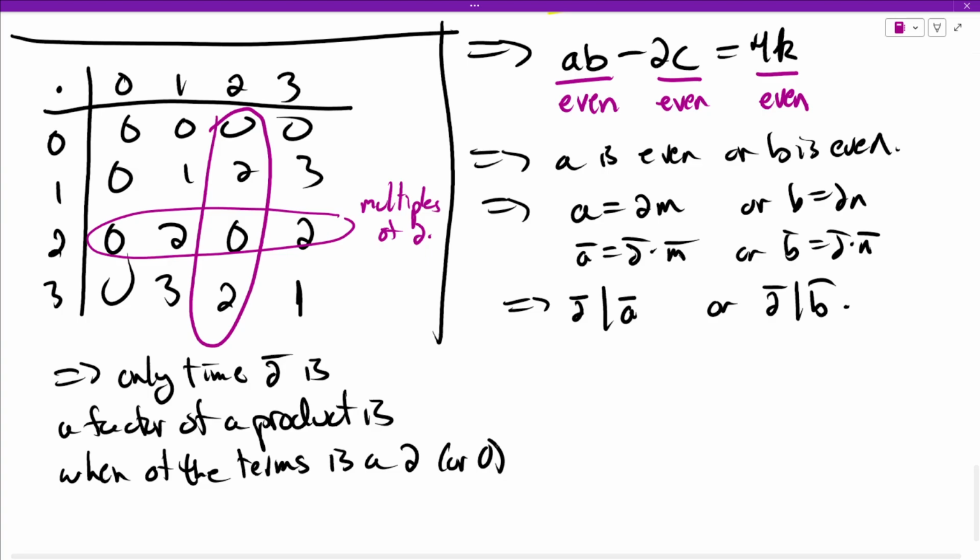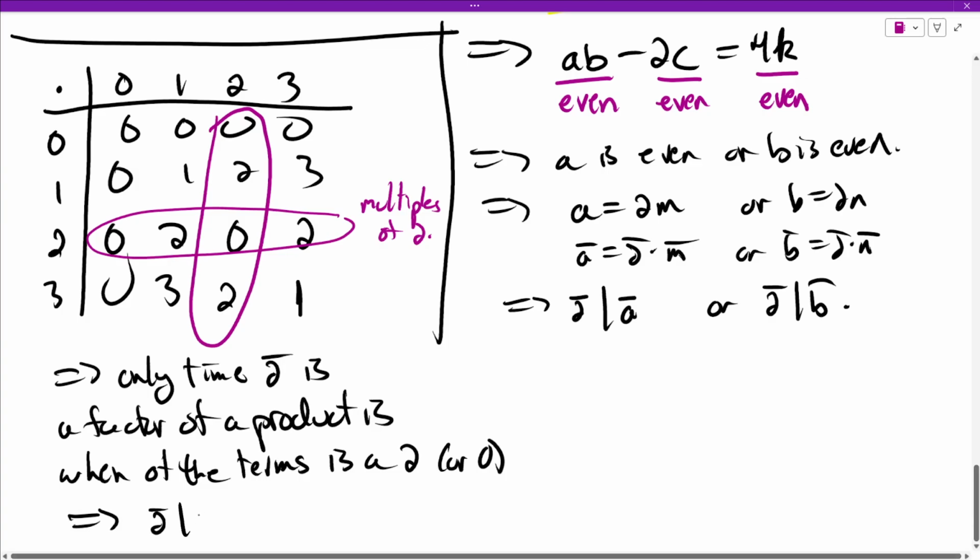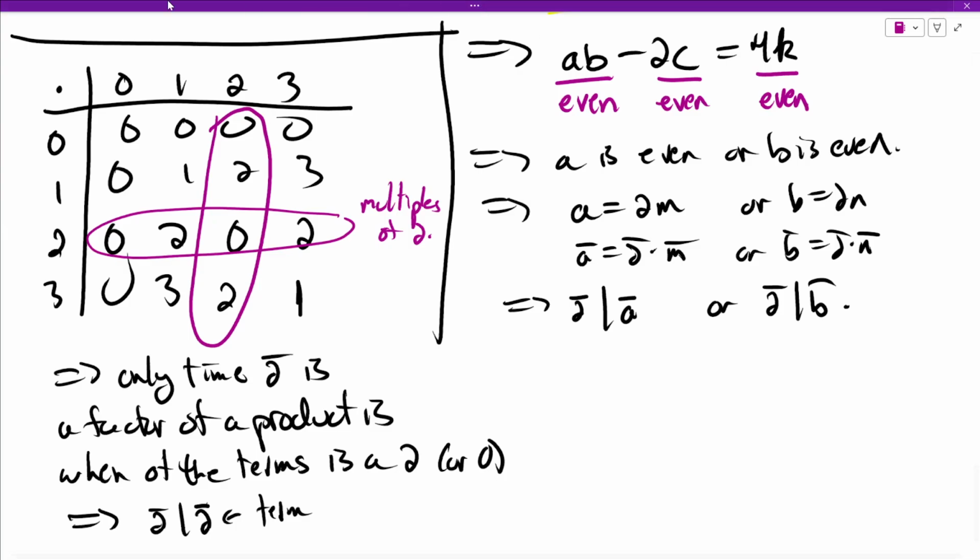Okay, but one of the terms is a 2. That's exactly saying that 2 divides it. Okay, so the term that is equal to 2, well, every number goes into itself. So this would tell us that 2 would divide that term, whatever the term is. That's another way of seeing it with the multiplication table, but you can also appeal to these sort of divisibility arguments.